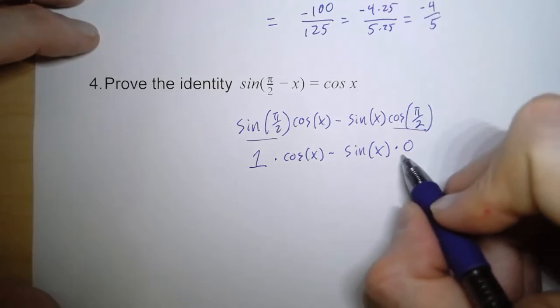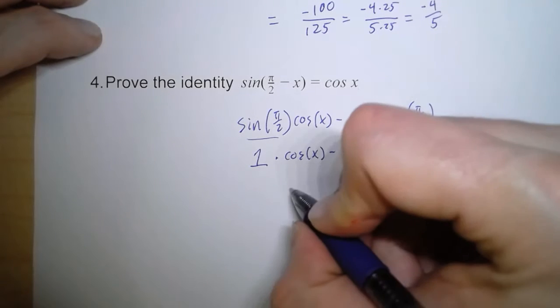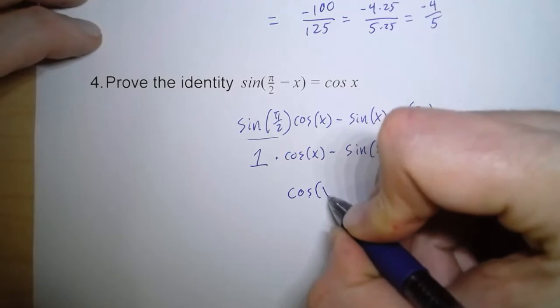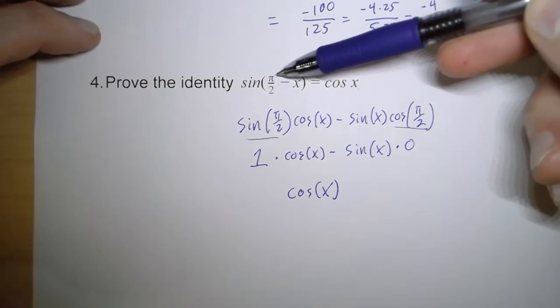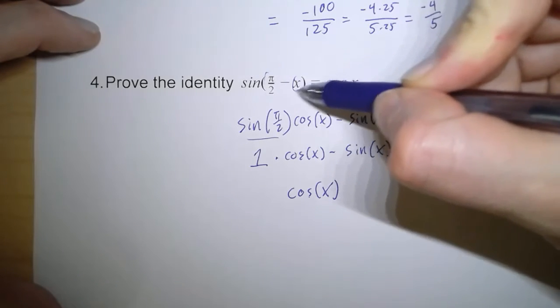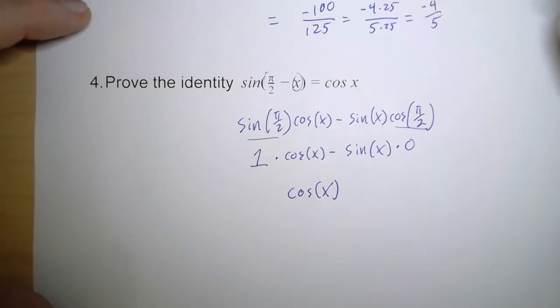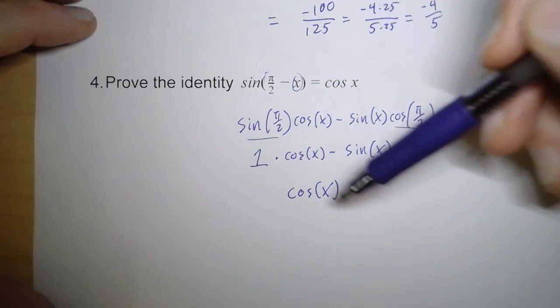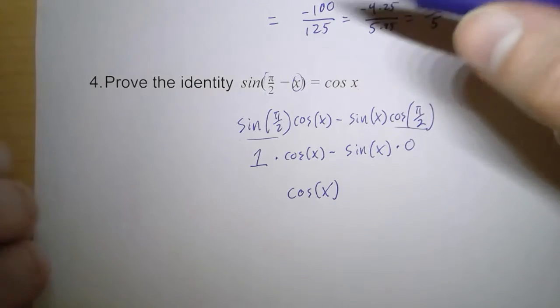So since we're multiplying by 0, this term disappears, and we're left with just 1 times cosine of x, which is just cosine of x. So by applying the sum difference identity and treating this pi over 2 and this x as two separate angles instead of one quantity, we show that yes, indeed, sine of pi over 2 minus x does equal cosine of x.